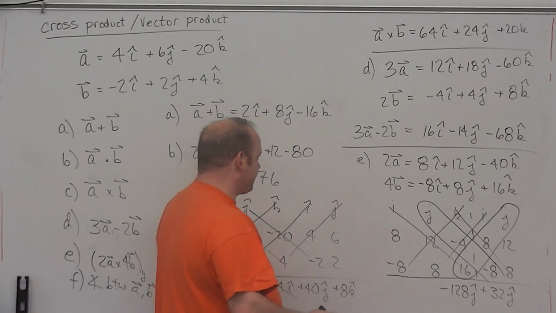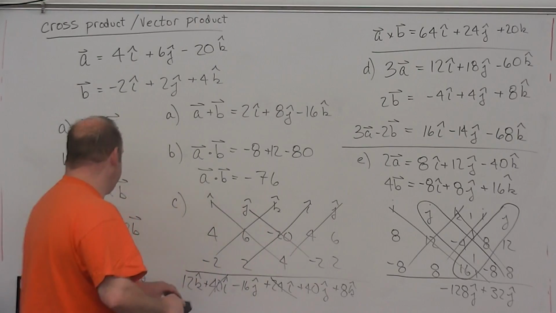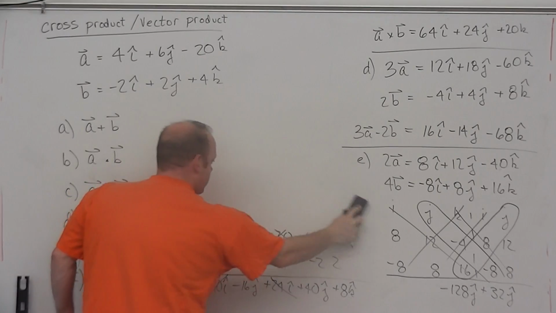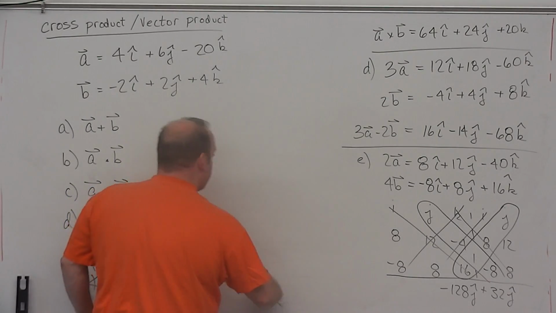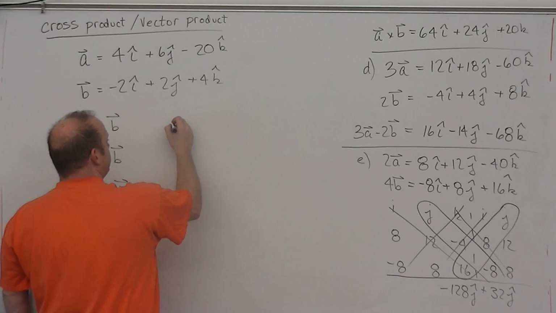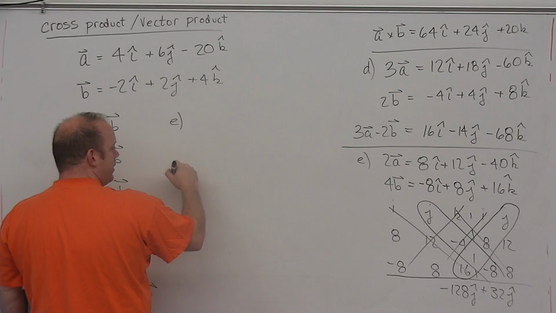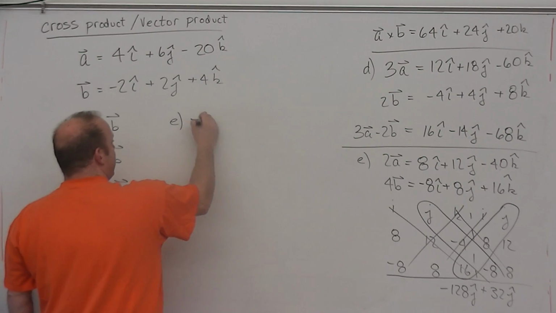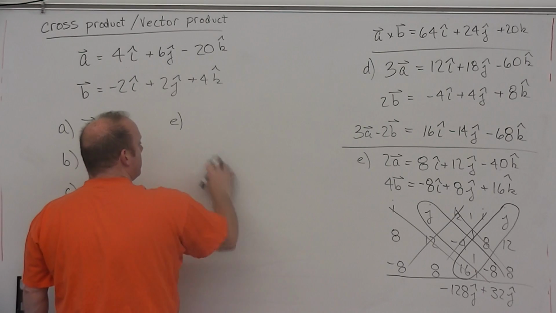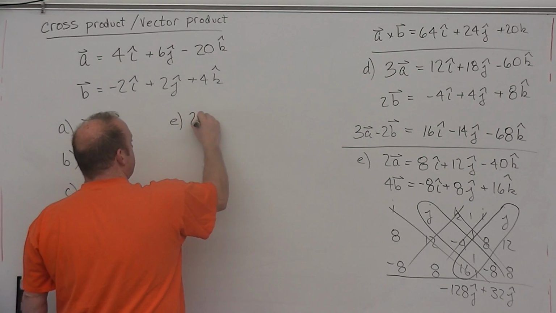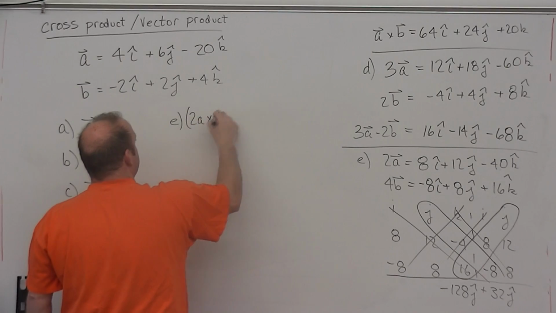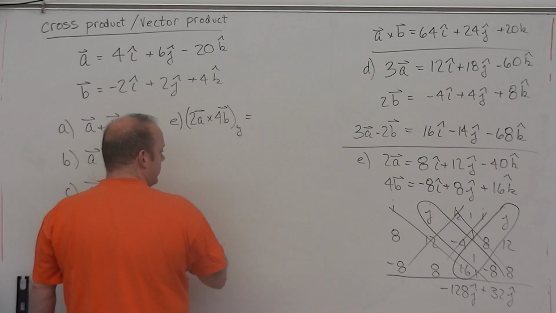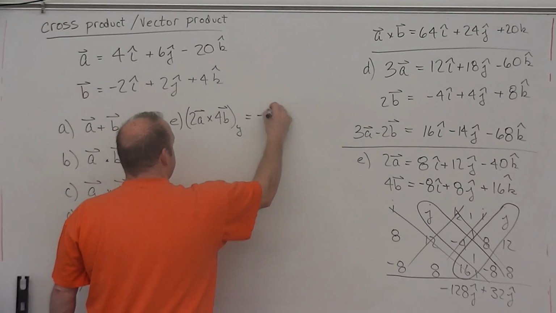So for part E, my answer is going to be negative 96. 2A cross 4B, y component is equal to negative 96.